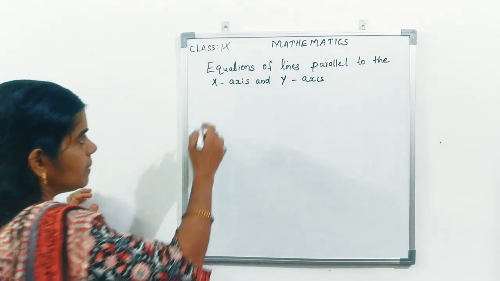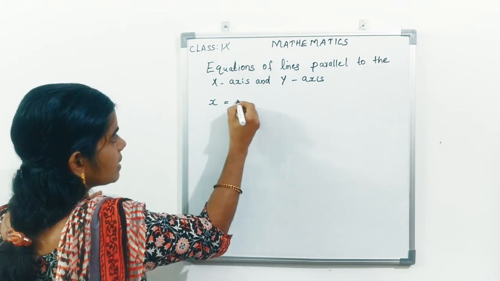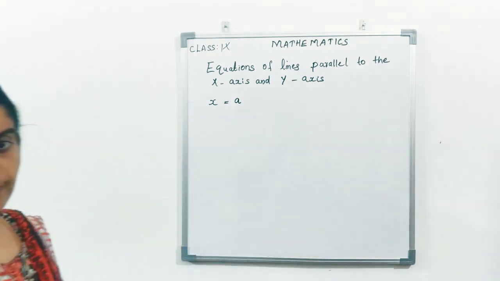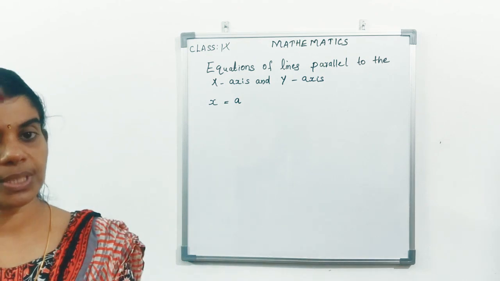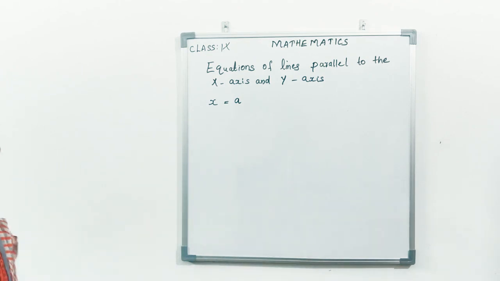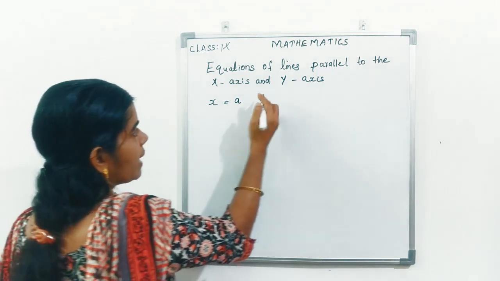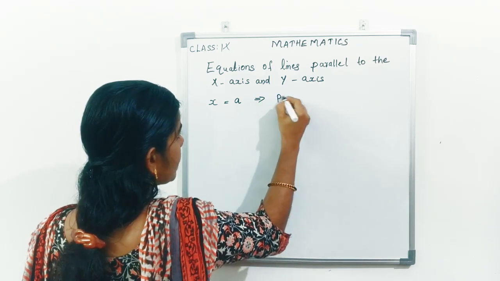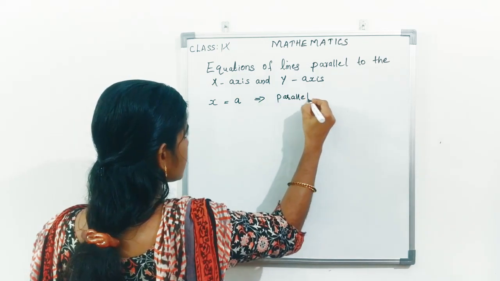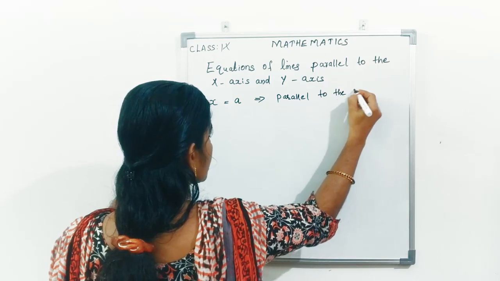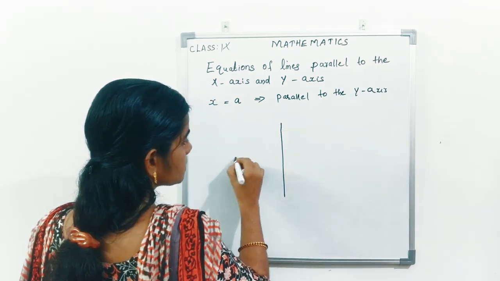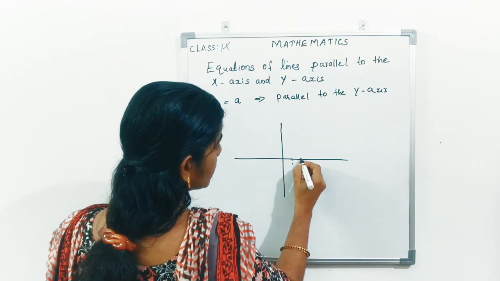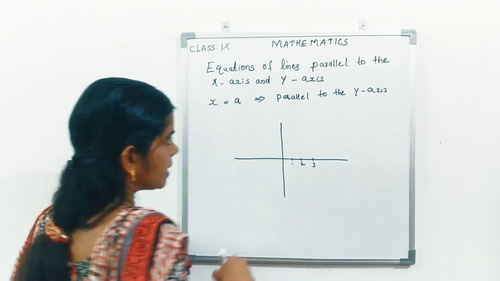For example, if you are taking x is equal to a, where a means any constant number, x is equal to 3, 4, minus 1, x is equal to any number, that will be parallel to the y-axis. Just look here, I am drawing 1, 2, 3, like that.